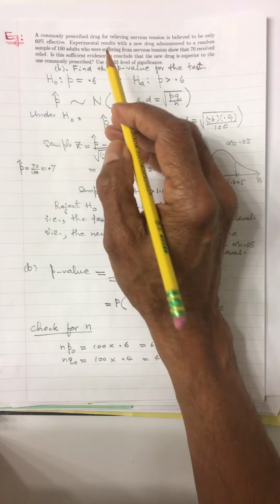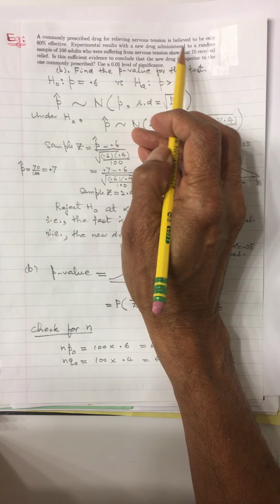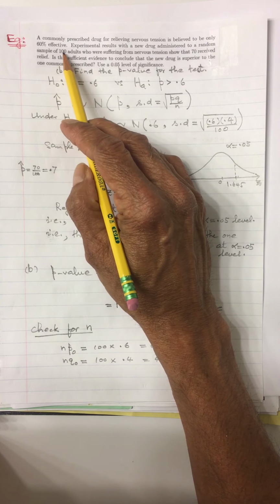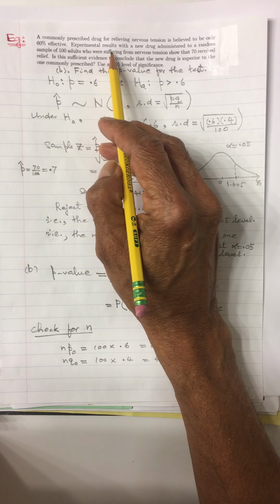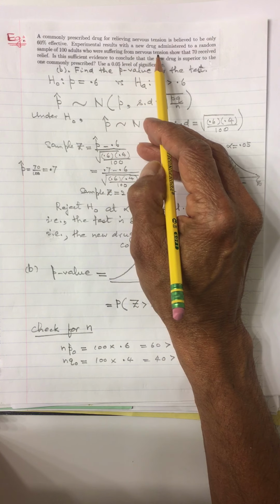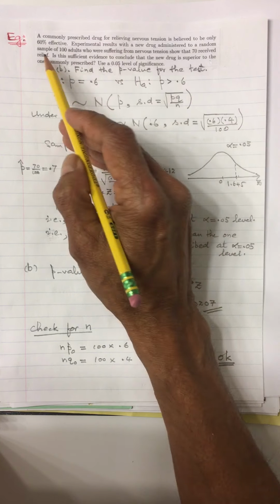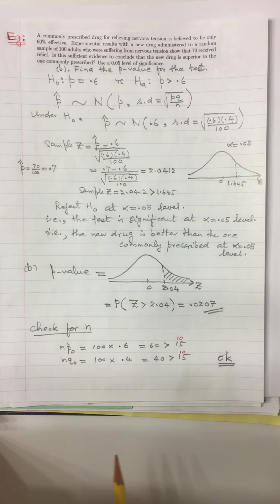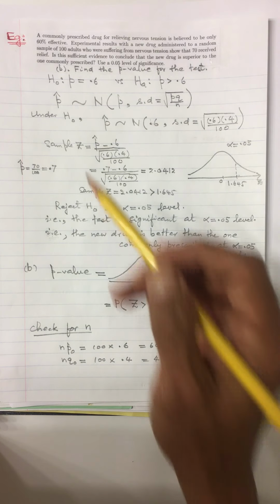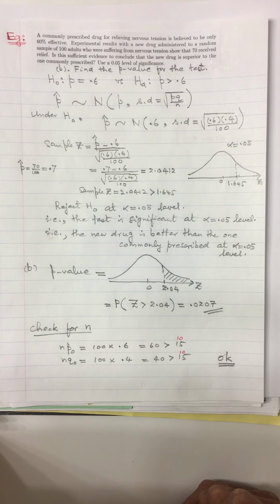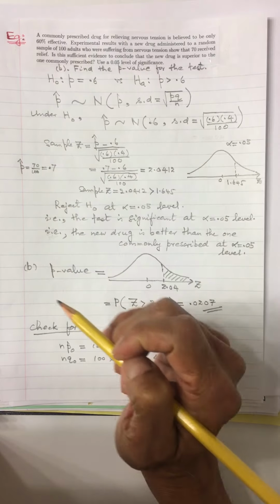The evidence is this: you look at a sample of 100 people suffering from this condition, and 70 received relief. The success rate is 70%, the effective rate is 70%.